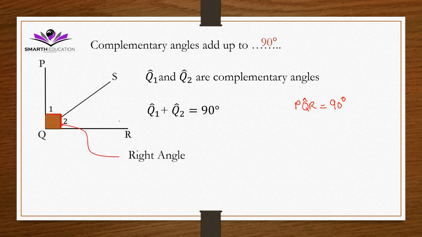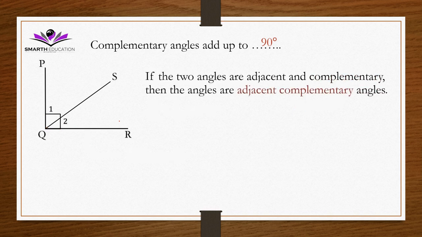The other name for a 90-degree angle is a right angle. If two angles are adjacent and complementary, then they are adjacent complementary angles. Remember, we talked about adjacent angles in our previous lesson.